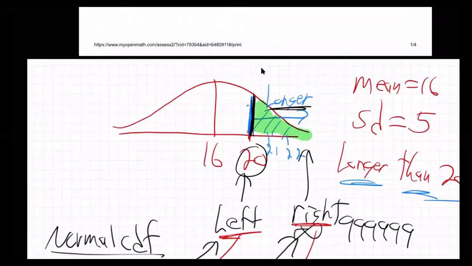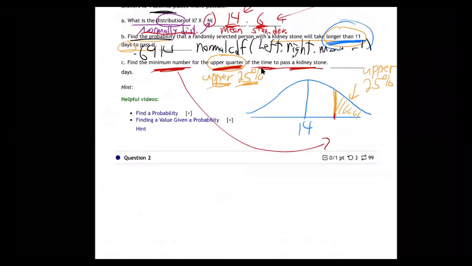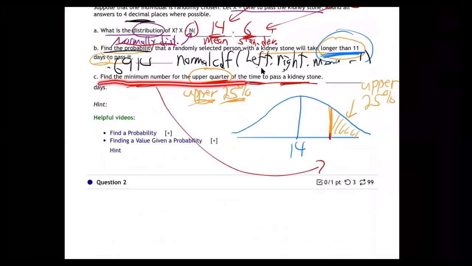Which one do we have? On part C here, are they asking us for a percentage or giving us a percentage? Giving. Yeah, they told us upper quarter. That's as good as telling us upper 25%, right? So they are giving us that upper 25%. They're just handing it to us.